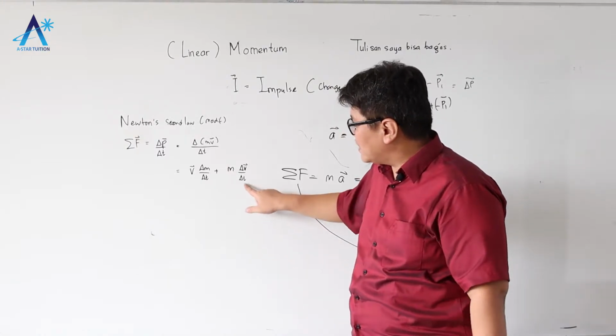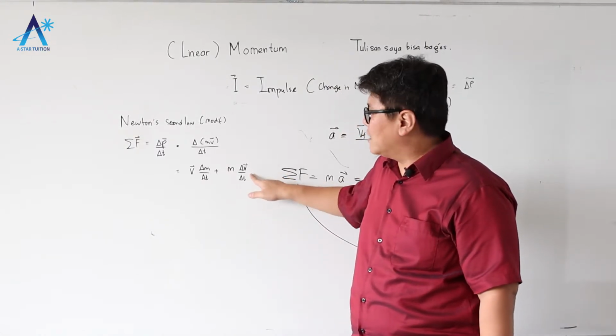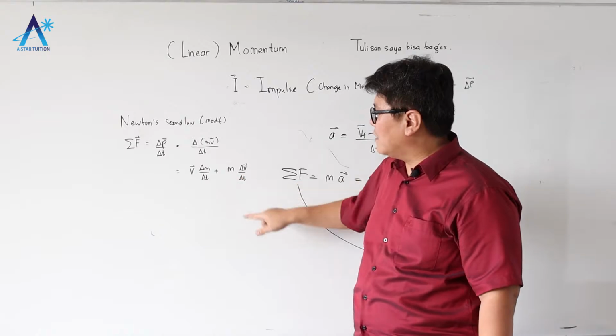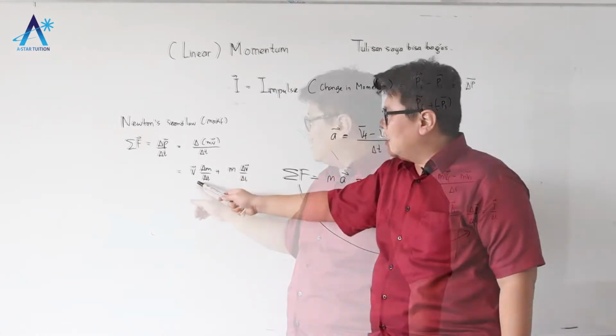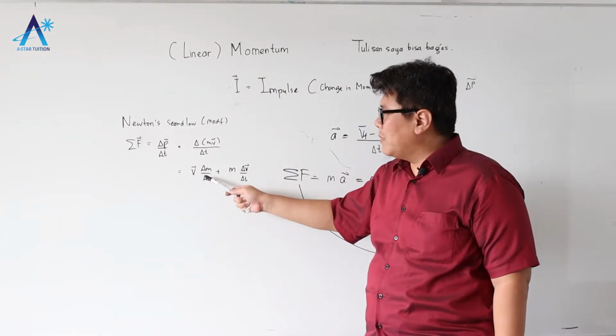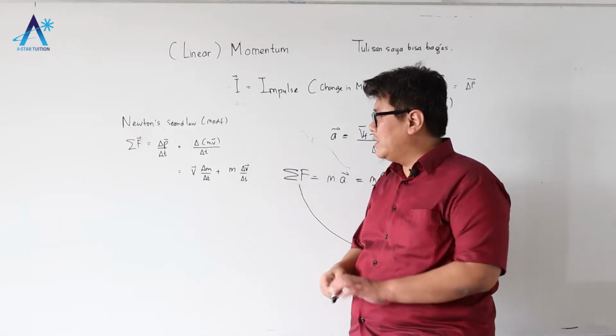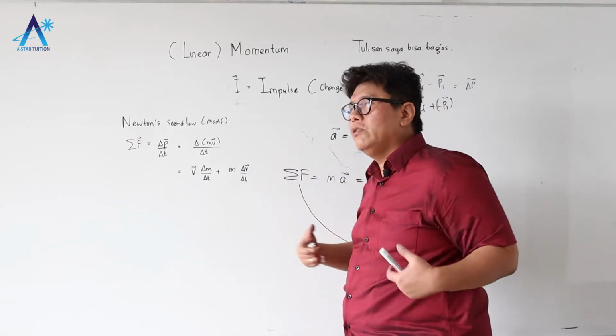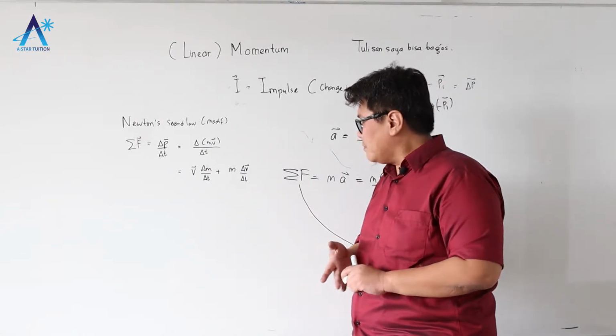Now this part is the acceleration, delta v over delta t. But this part is associated with the change in mass. So a system in which the mass increases or decreases, like rocket motion.